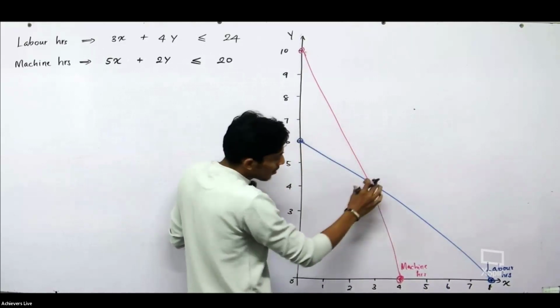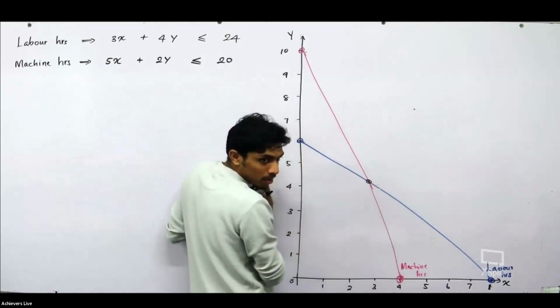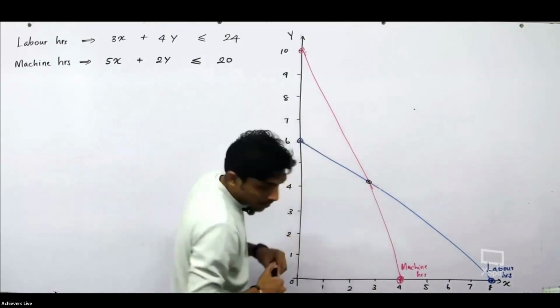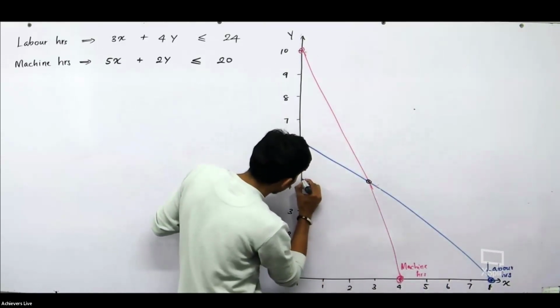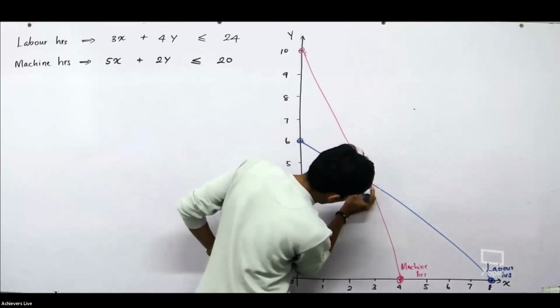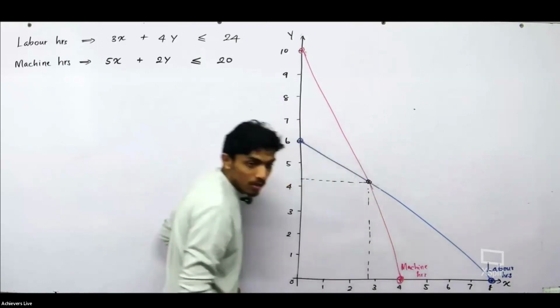Yes. This is the point where both the limiting factor lines are getting intercepted, getting cut. So at this point, you are producing the mix of both X and Y. So Y how many units? Y, this is the units. X how many units? X, this is the units, right?